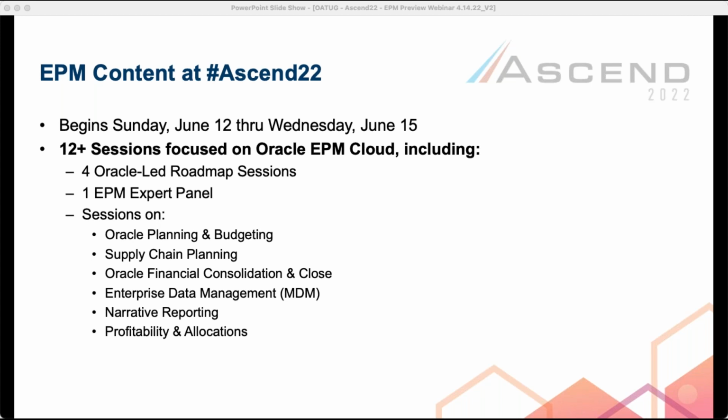We have an expert panel where we're going to be discussing EPM, and it's going to cover pretty much the entire gamut from planning and budgeting through supply chain, close and consolidation, the new EDM and some of the newer capabilities, narrative reporting, the profitability and cost allocations. I think it's going to be a fantastic jam-packed couple of days, and you'll be able to get a lot out of it.